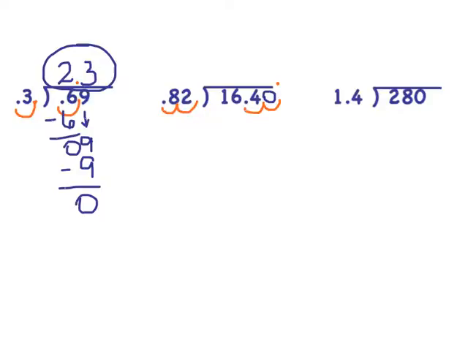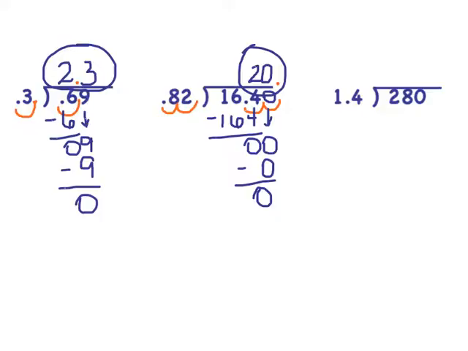So to me, that would mean that 82 goes into 164 2 times. So 2 times 82 would be 164. Subtract and get 0, but I'm not finished. I have to bring down that 0. How many times does 82 go into 0? It would be 0. And so my answer here would be 20.